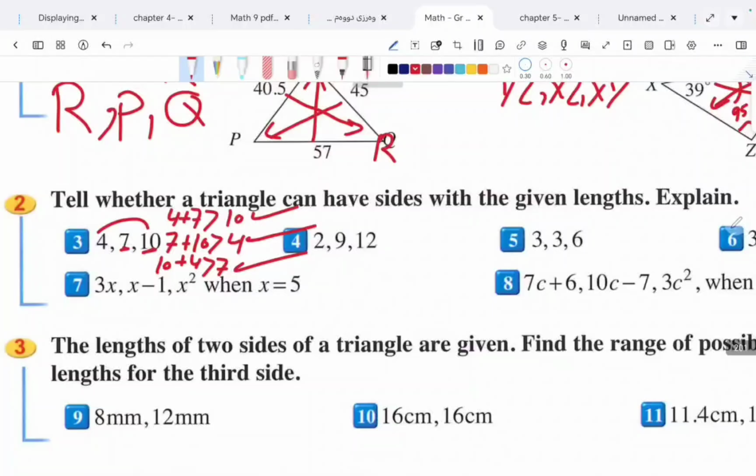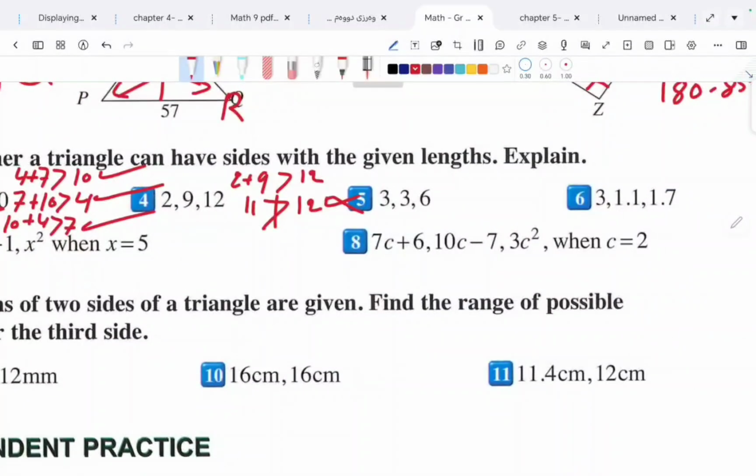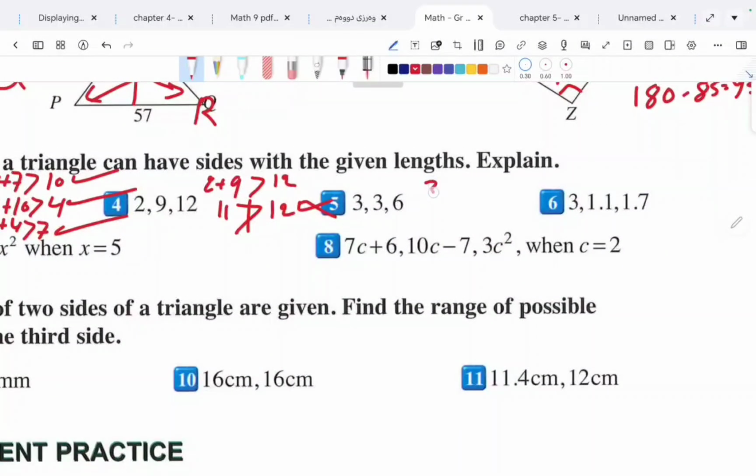Question 4. Okay, let's see. 2 plus 9 is greater than 12? No, it equals 11, and 11 is not greater than 12. That's why it is not correct. Question 5. We have 3, 3, 6. 3 plus 3 is greater than 6?